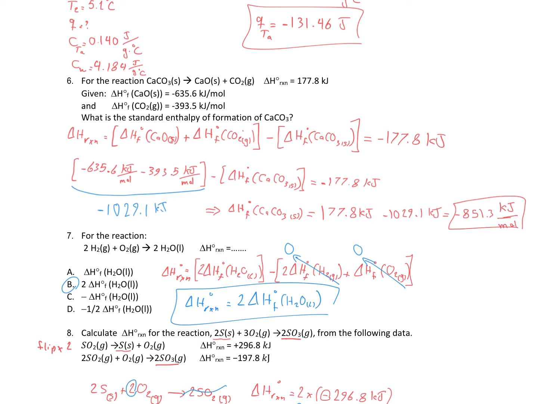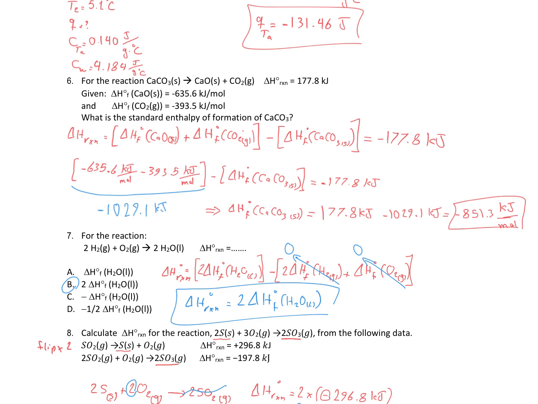Delta H of the reaction is the sum of delta H of formation of the products minus the sum of delta H of formation of the reactants. So on the product side, we have delta H formation of CaO, calcium oxide, plus delta H formation of carbon dioxide, minus the delta H formation of the reactant, which is only one calcium carbonate.